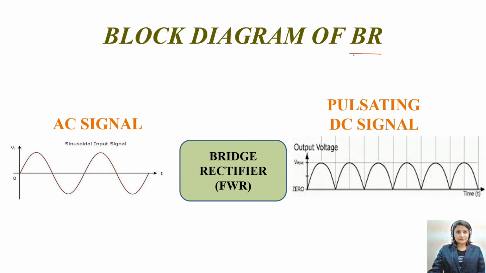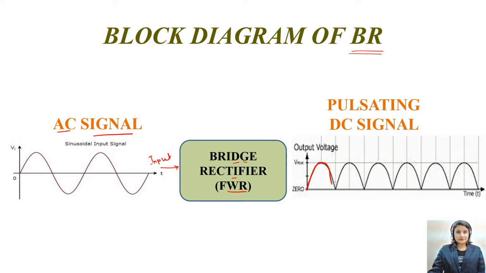In exams, they also write the abbreviation of bridge rectifier as BR. A bridge rectifier, you can see, is a type of full wave rectification. At the input of a rectifier, we always connect the AC signal. When the AC signal is connected to the bridge rectifier, it gives you a full wave rectification.